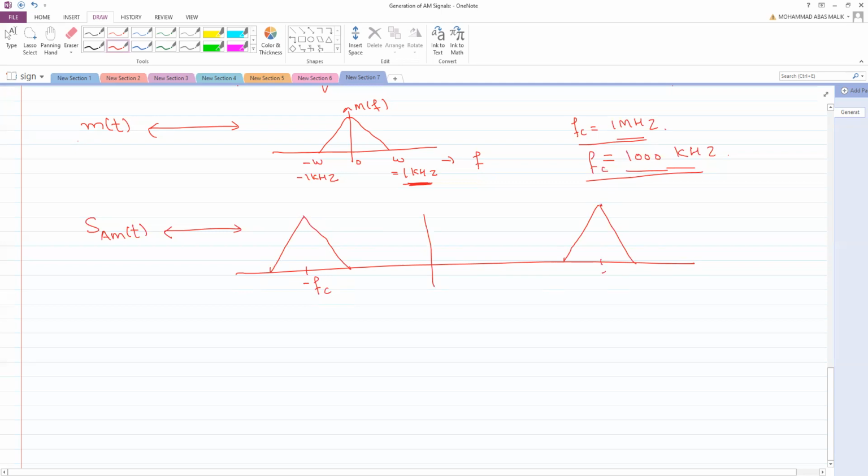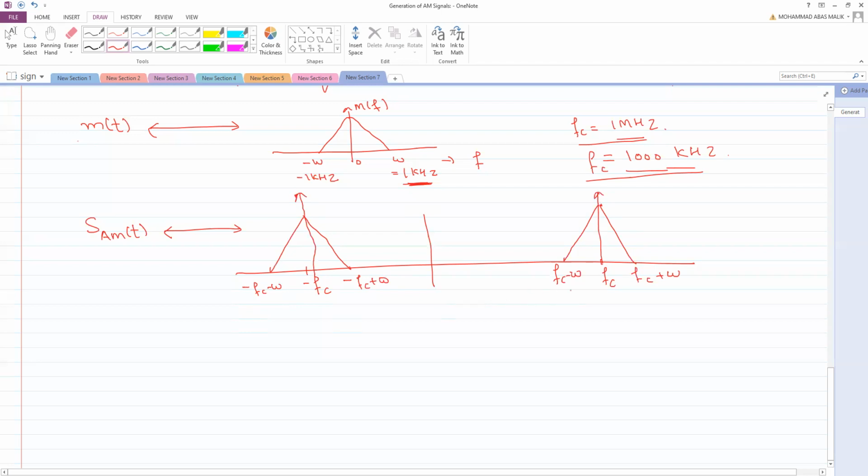This portion will be your FC, right? This will be FC plus omega. This one point will be FC minus omega. This is minus FC plus omega, and this is minus FC minus omega. And you have one here. This will be our carrier here.